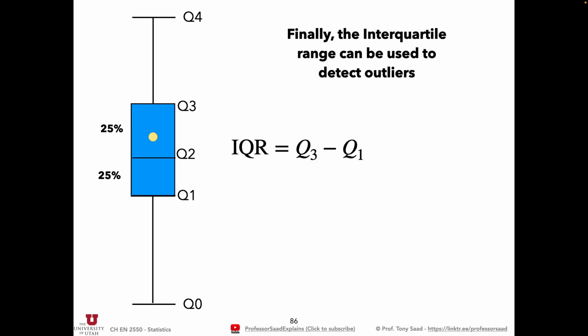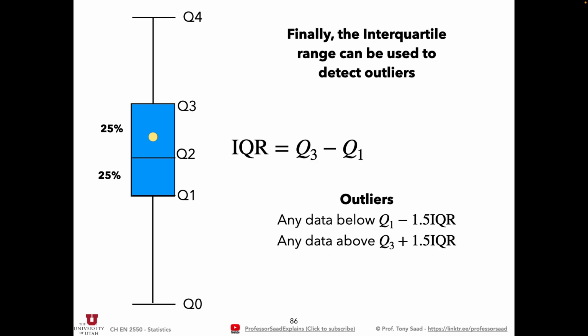So how do you tell if a value is an outlier or not? You visually spot it. It's way out there. But a convention that people have accepted is that if any data point is above Q3 plus 1.5 times the interquartile range, which is Q3 minus Q1, that's an outlier, okay?